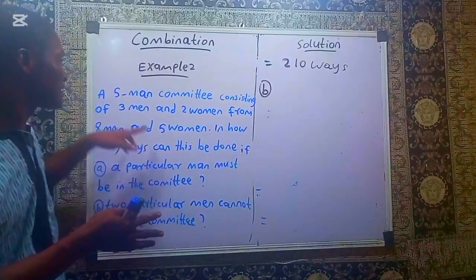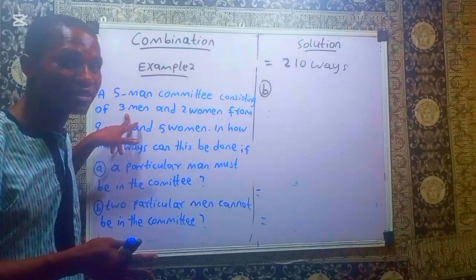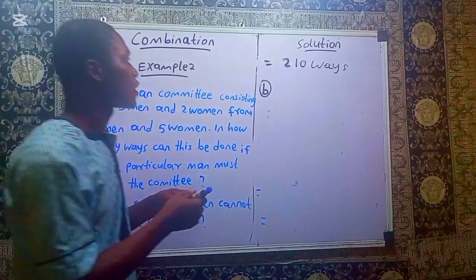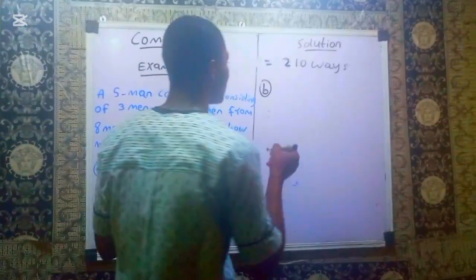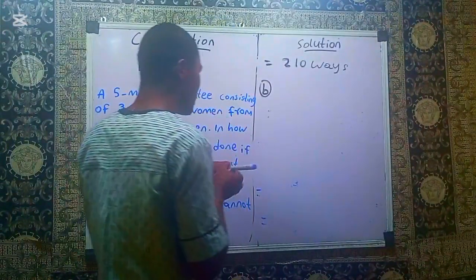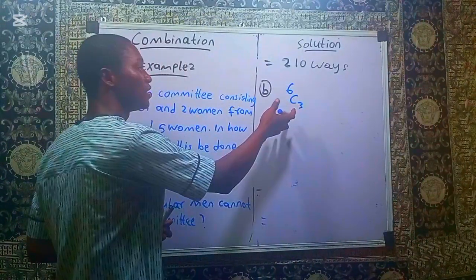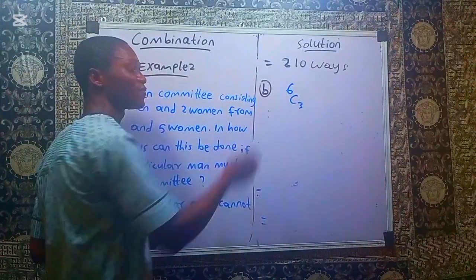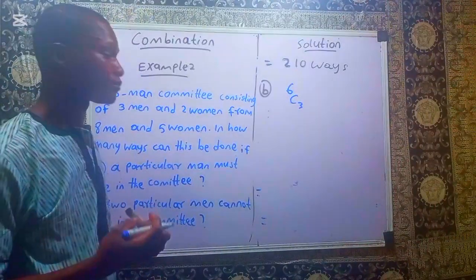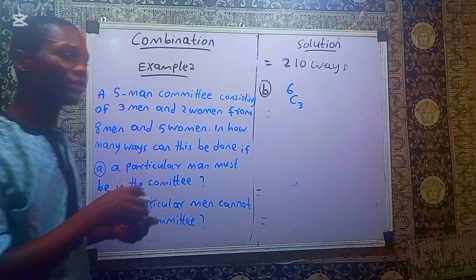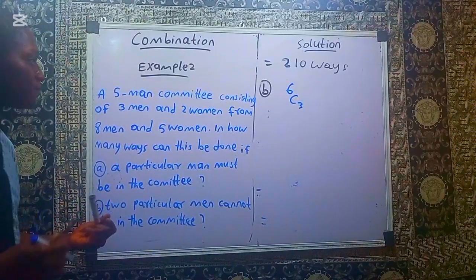So you have to select 3 men that will be in the committee out of what? 6 men. So selecting 3 out of 6 will just simply mean 6 combination 3. That's selecting 3 out of 6. So we have solved the situation for the condition.